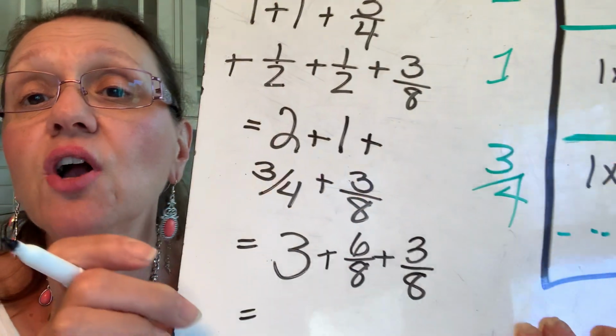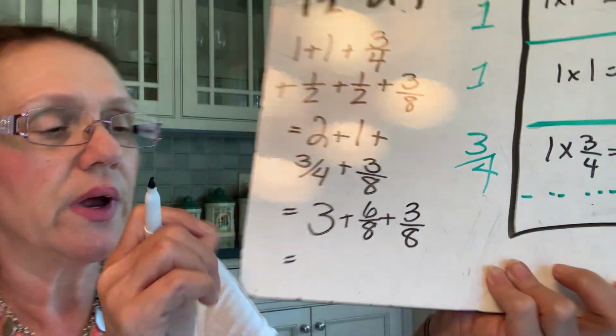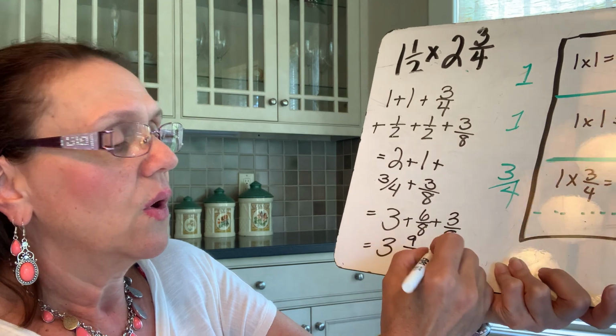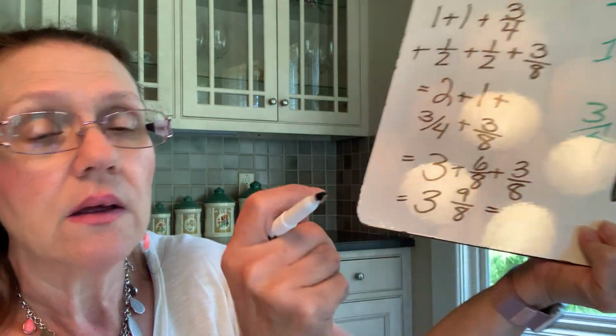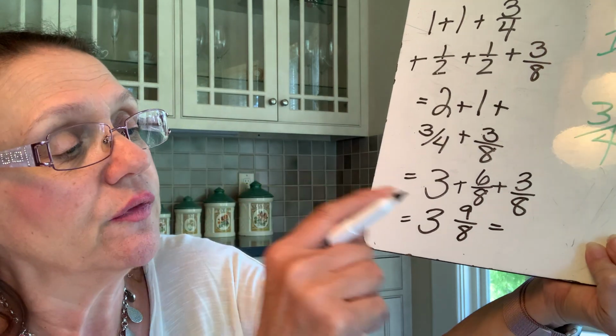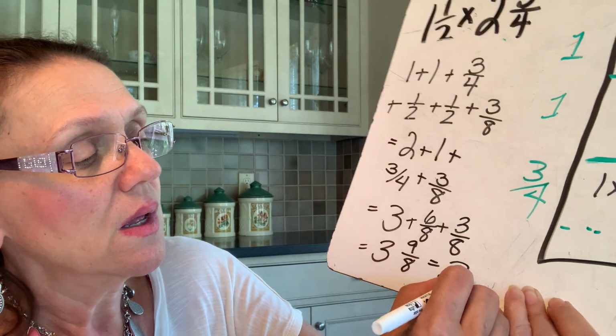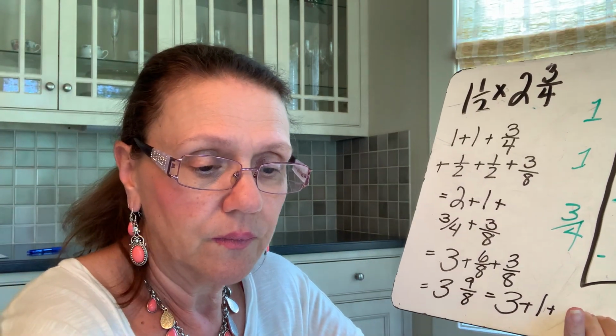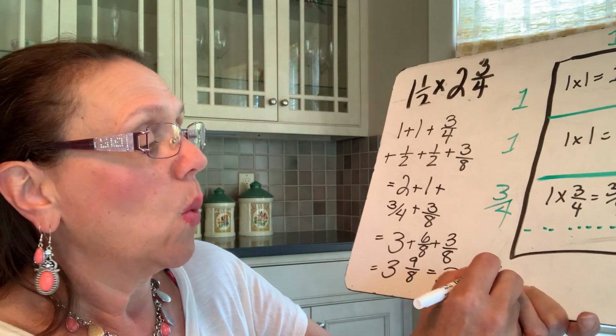And now that I have a common denominator, I can just add the numerators. So that gives me 3 and 9/8, which if I divide 8 into 9, it goes in once with 1 left over. So it's 3 plus 1 plus 1/8 gives me my final product of 4 and 1/8.